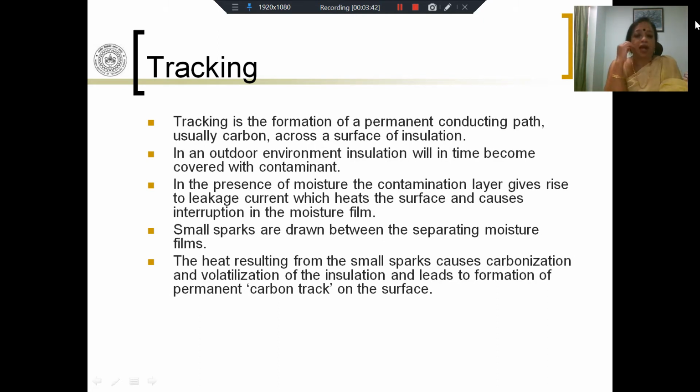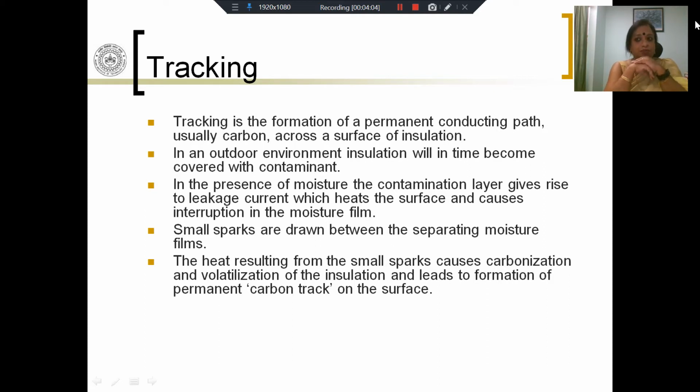So actually, we must remember that when we talk about breakdown of solids, there are two kinds of breakdowns that we can talk about. One is the puncture, where there is a conducting path created through the volume of the dielectric, bridging the two electrodes. So through and through, there is a channel through which current can travel and a short circuit happens.